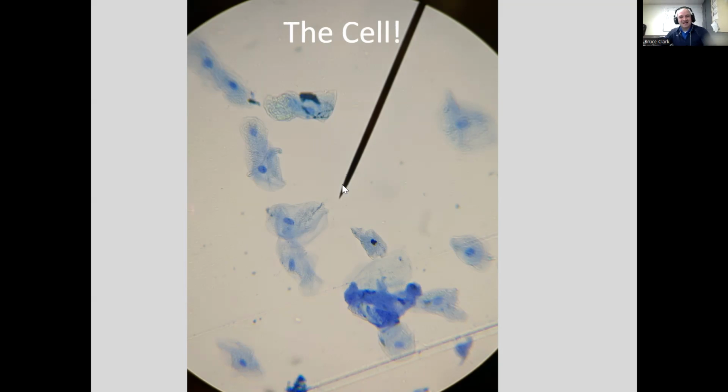It's kind of a cool look. Underneath the microscope, you can clearly see that dense center of the cell that we're going to call the nucleus. You should know that at this point, but look at some probably squamous epithelial cells that would make up the inside lining of your cheek, obviously stained blue. I do not have blue skin.